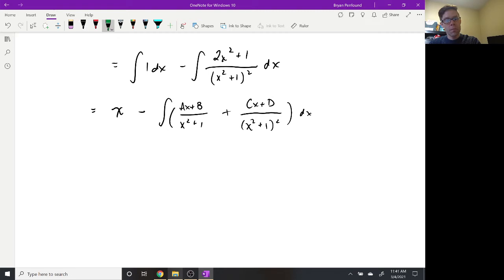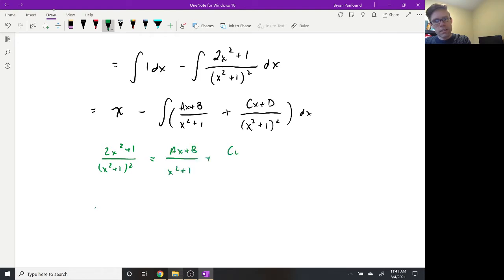So in green, I'm going to try to set this up. So we have the original fraction. Maybe I'll just move this over because we might need a little bit more room. And this should be equal to ax plus b over some stuff, plus cx plus d over some stuff.